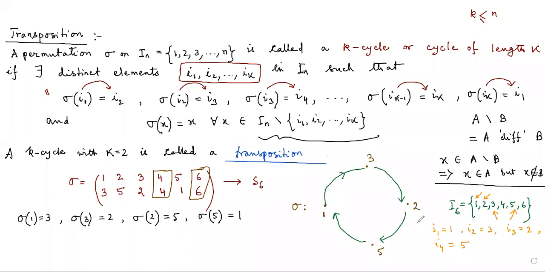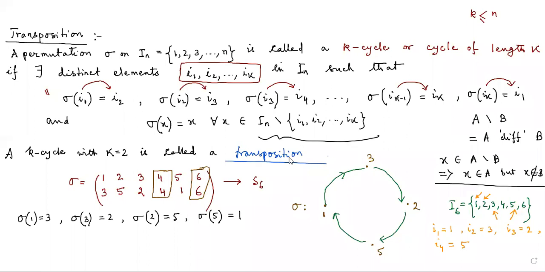Now see, these elements I1, I2, I3, I4 corresponding to my example are elements of I6, not coming in a sequential manner, because we know that after 1, 2 comes, but here according to the cycle, after 1, 3 is coming, then after 3, 2 is coming. That can happen in this kind of cycle.